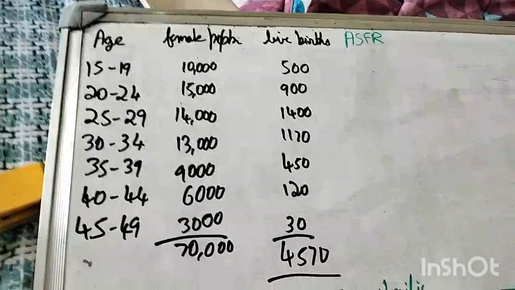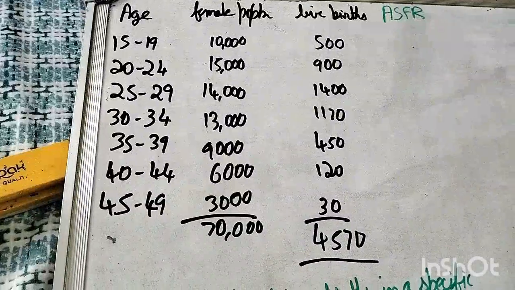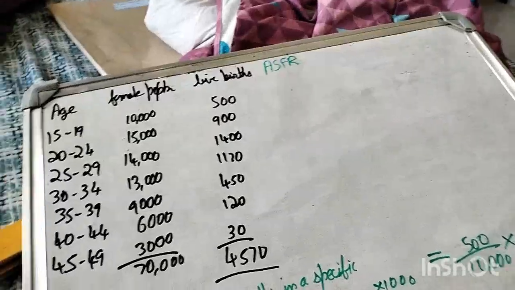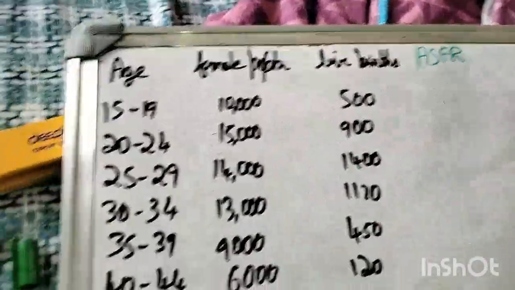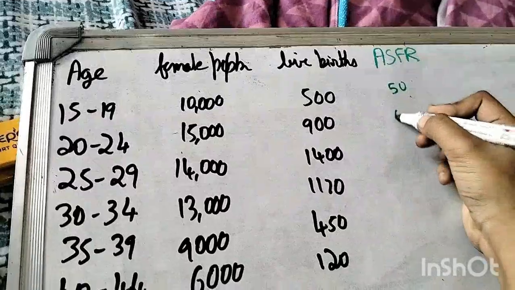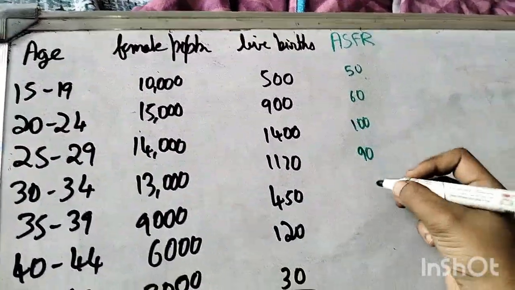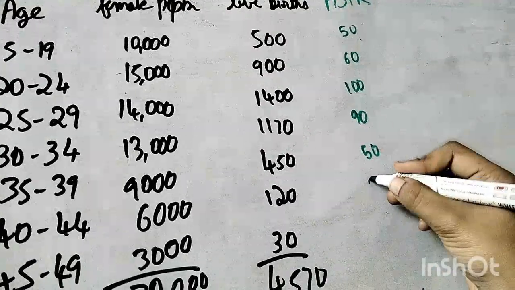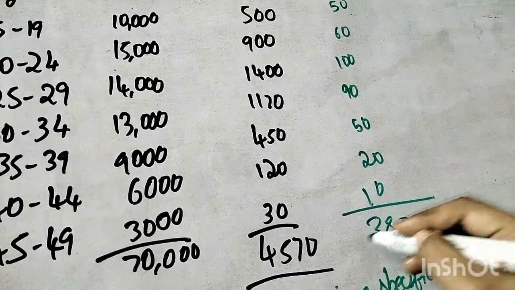Number of live births is 500, female population is 10,000, into 1,000. So that's going to be 50. Now you fill in the ASFR values by dividing live births by population into 1,000. So the first one is 50, 60, 100, 90, 50, 20 and 10, and the total is going to be 380.